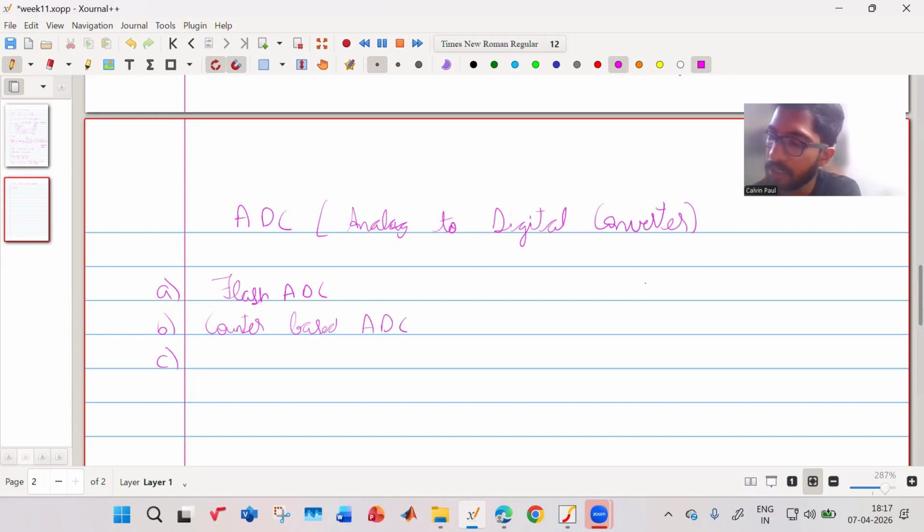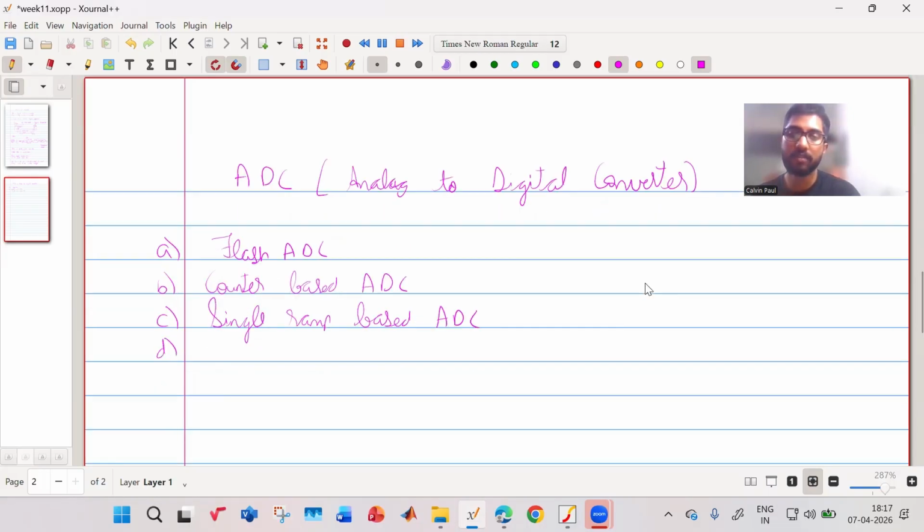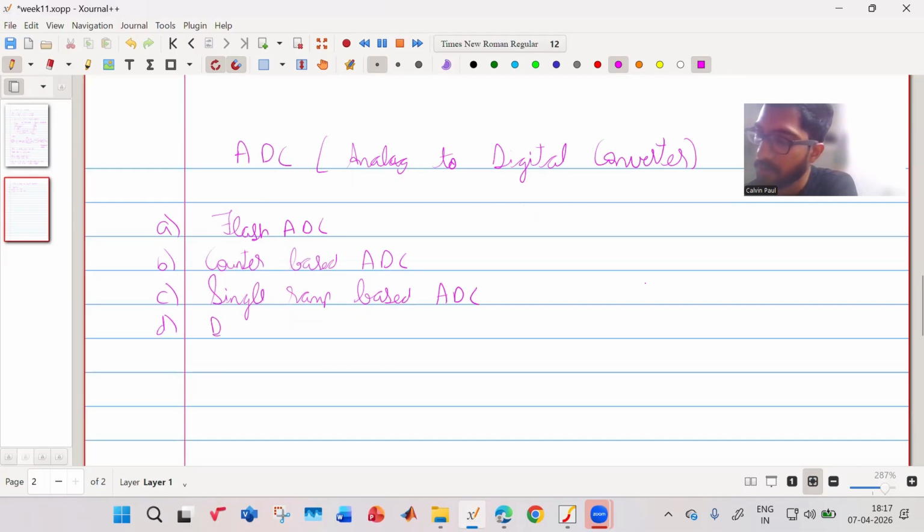Then Sir discussed the single ramp based ADC. Then there was the dual ramp based ADC. And finally, Sir talked about the SAR, that is the successive approximation register ADC.